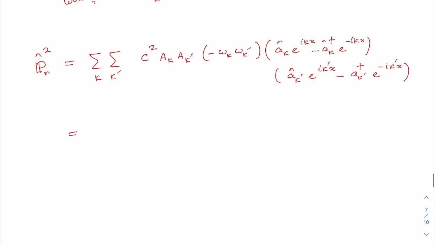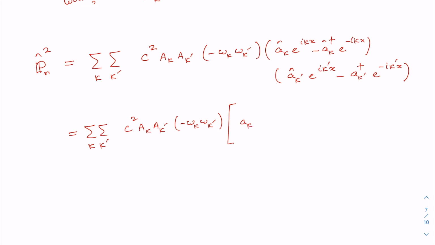So here I will get C squared, minus omega_k omega_k dash.